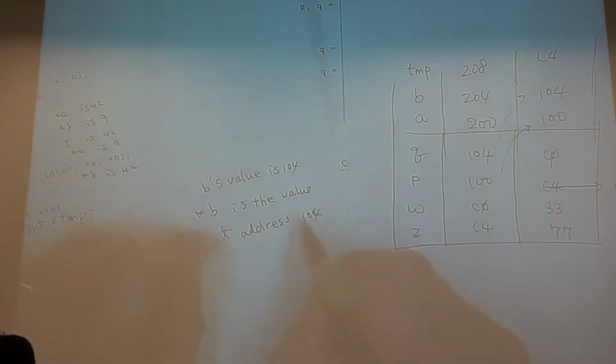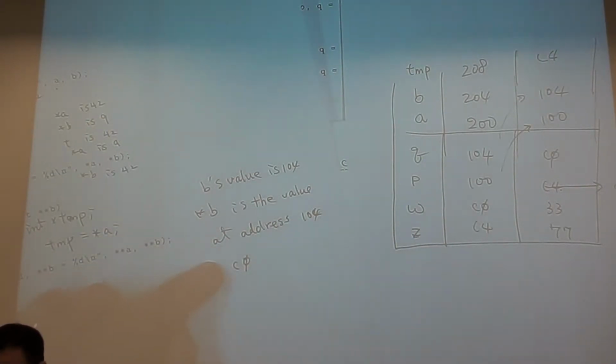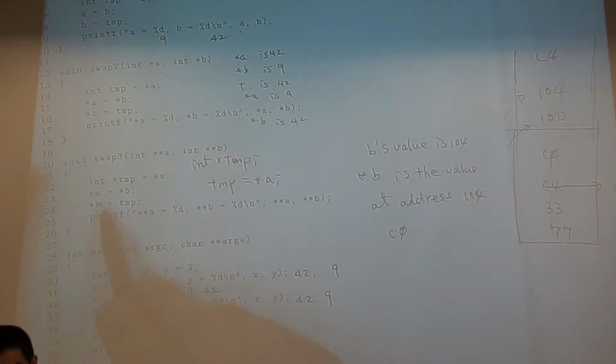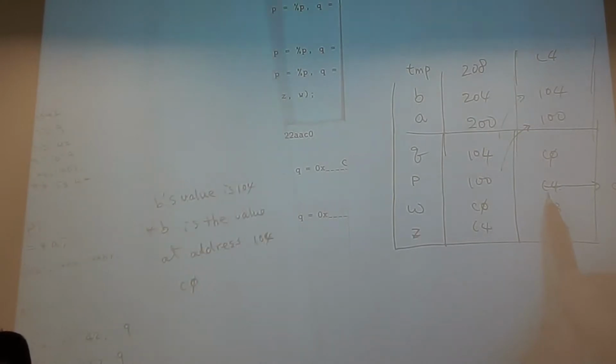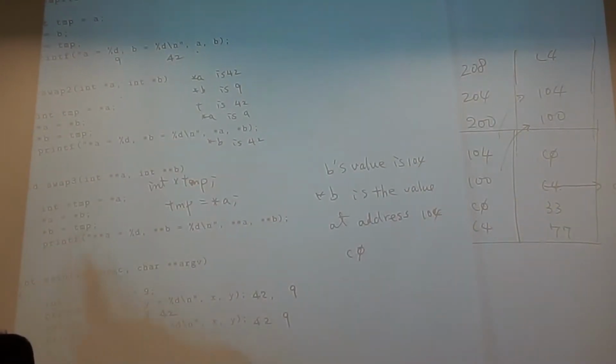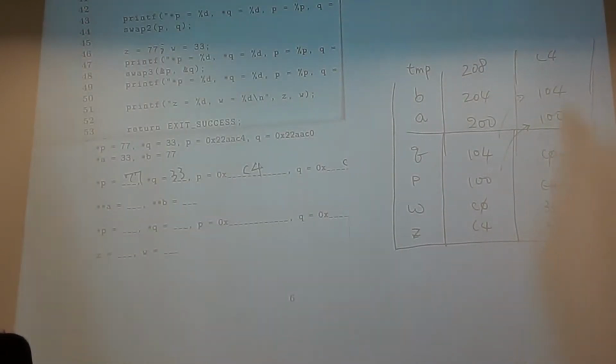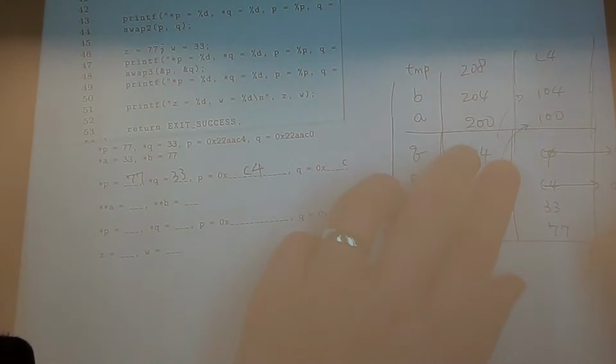Now the value at address 104 is C0. And star A's value is 100. It's on the left hand side. So I modify the value at address 100. So this becomes C0. And then star B is equal to temp. So B is 104. You modify this, and so this becomes C4.